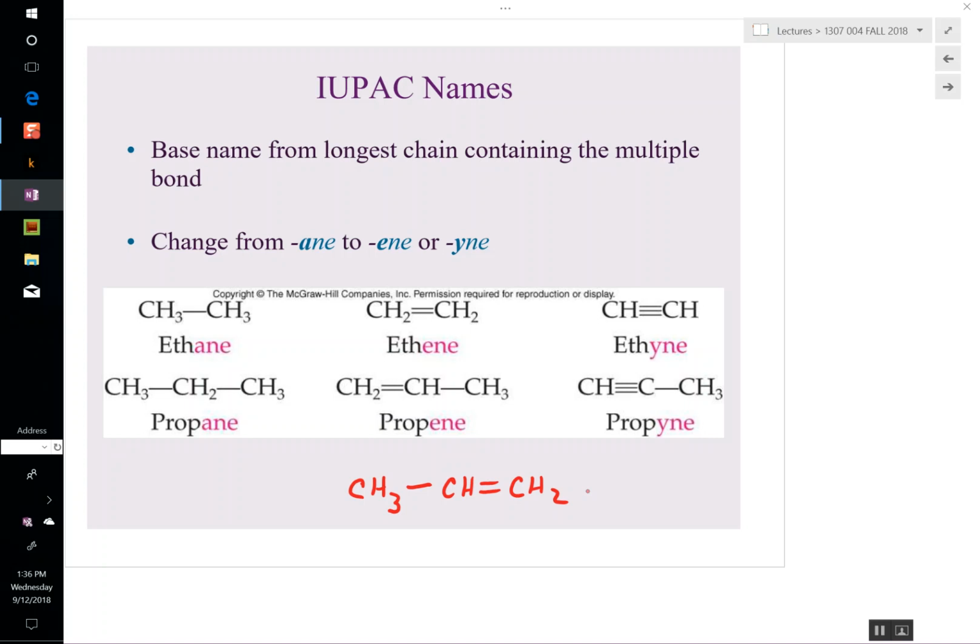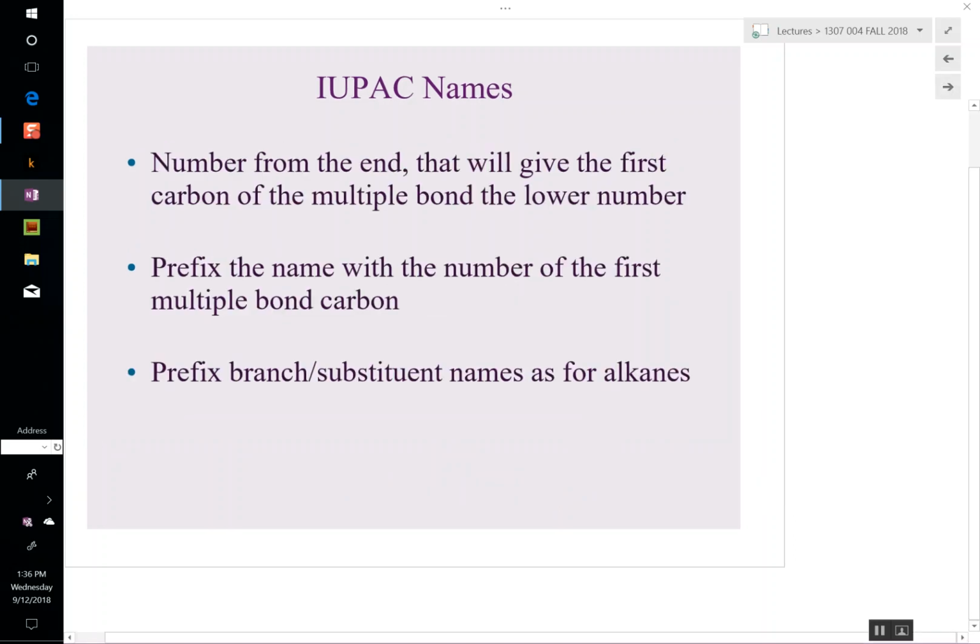It's going to be on the end, and it doesn't matter if I write it this way. It's still on the end, and that end is going to be number 1. So I don't need the numbers there. But if you start getting up to butene, butyne, and on, now you're going to start needing some numbers.